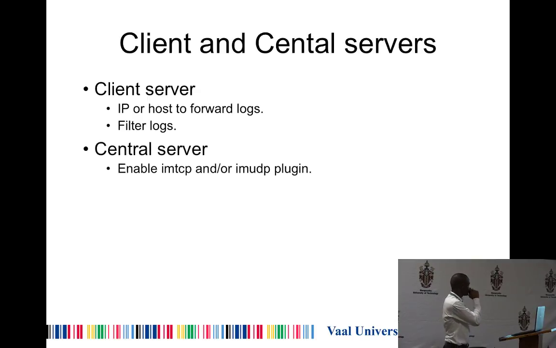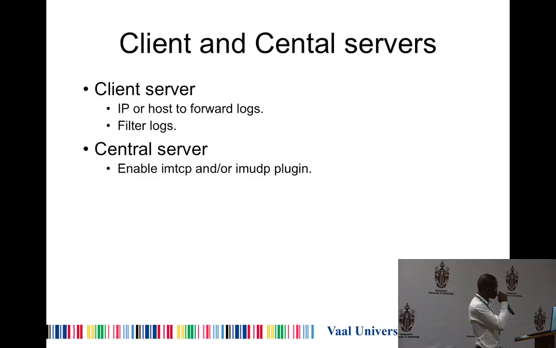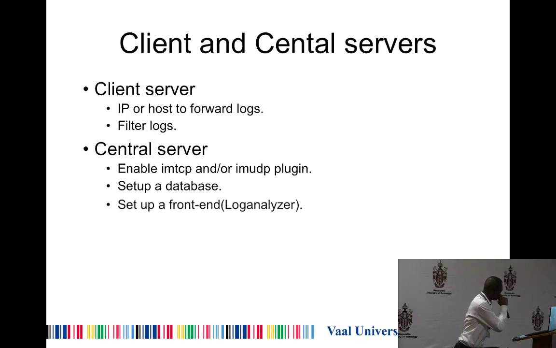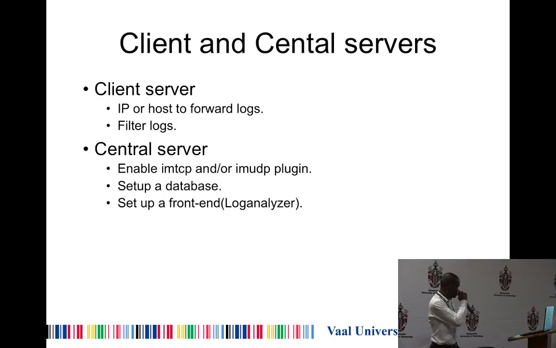On the central server, you need to enable either TCP or UDP, since RSS log supports both protocols. Set up your database. That can be Postgres, can be MySQL. And the front end, that's your log analyzer, or whichever front end that you choose to use.